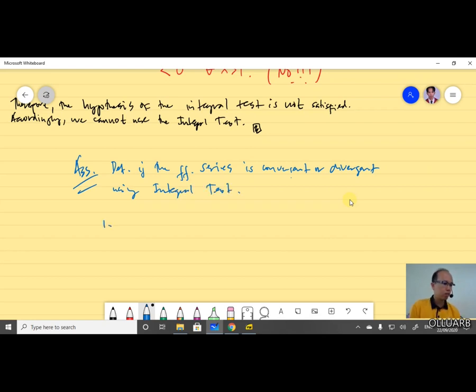Number 1, the summation of n cubed e to the negative n, where n starts from 3 to positive infinity. Number 2, we have the summation of tangent inverse of n over n squared plus 1, where n starts from 1 to positive infinity.